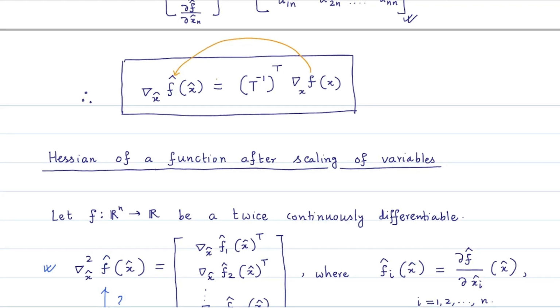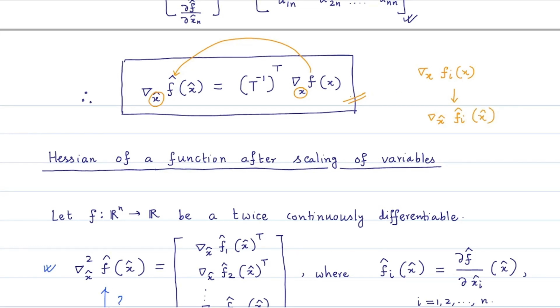We see that a scaling of variables gives us the relationship of the gradient with respect to the original variable and with respect to the revised variable, identified with this equation. Now we employ this equation to find the relationship between f i and its gradient with respect to x with the gradient of the function f i hat with respect to x hat.